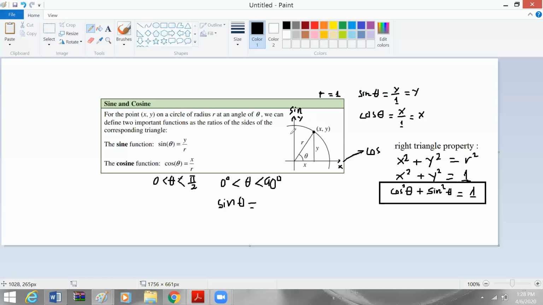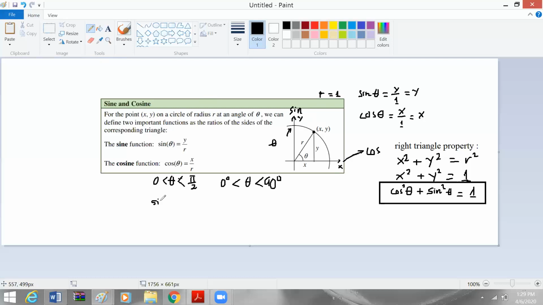So this is where theta equals 90 degrees, or pi over 2. I just want to keep that simple, so we're going to use pi over 2 for that reason.